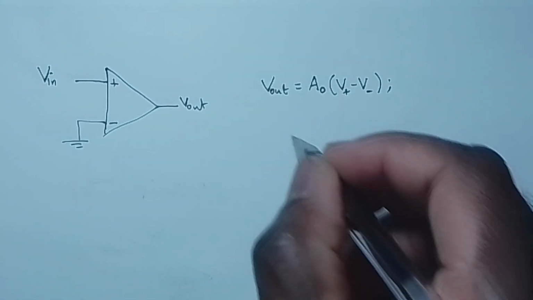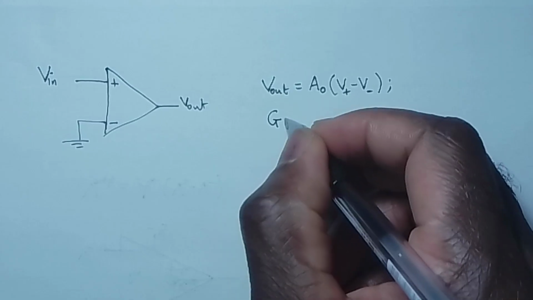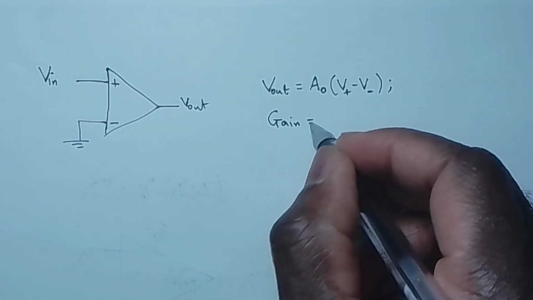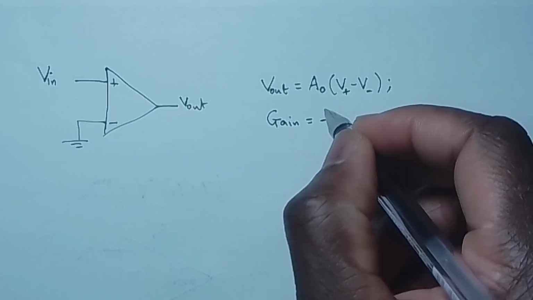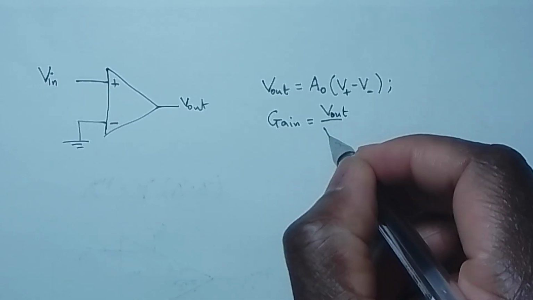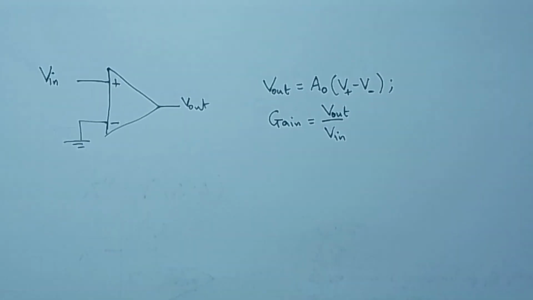And the gain of an amplifier is equal to the output voltage over the input voltage.